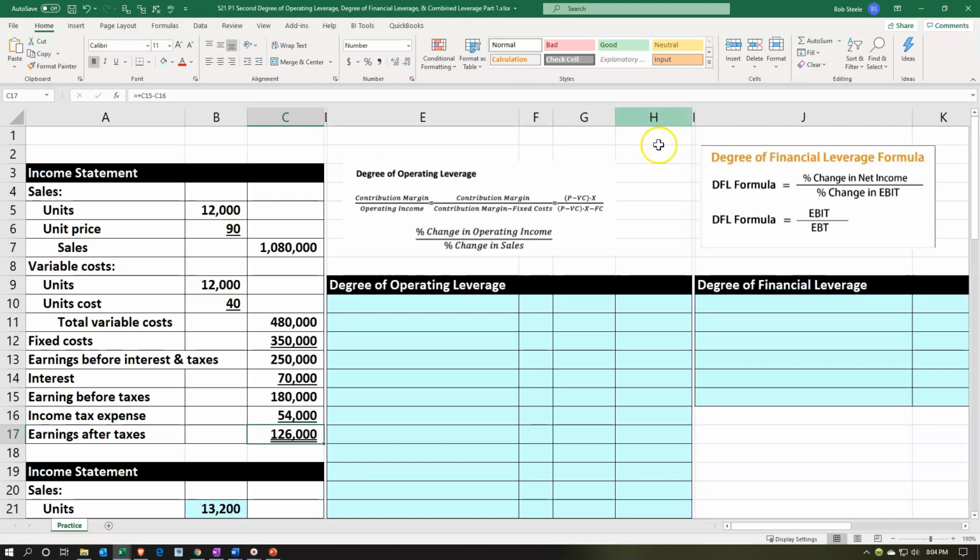Okay, so we're going to do this first calculation. We're going to be looking at basically this formula, which I would memorize in this format of the ratio: contribution margin over the contribution margin minus the fixed costs, or otherwise known as the operating income. I'm going to do that in a tax return type of format.